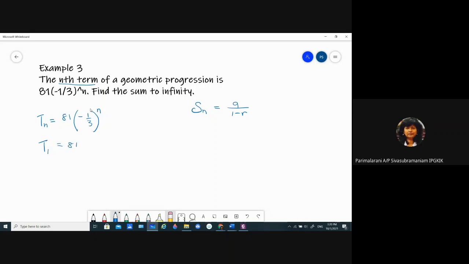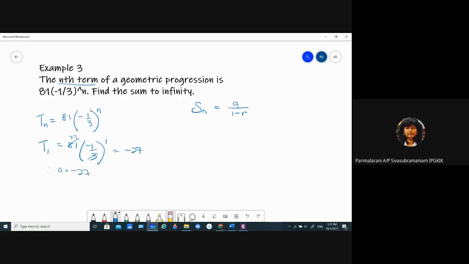The first term means n is 1. So how much is this? 81 times negative 1 over 3 to the power of 1, cancel this, you get 27. So you get negative 27, which means a is equal to negative 27.